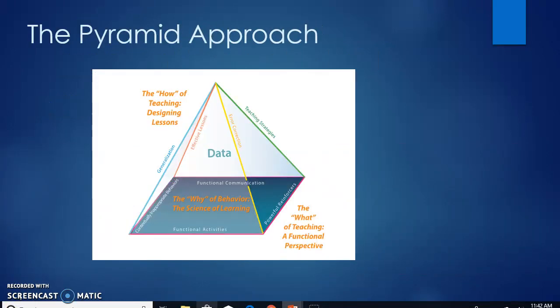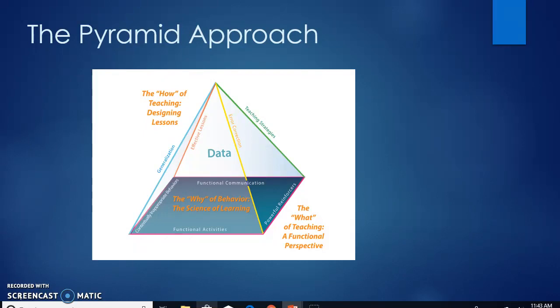He has also written multiple books about the Pyramid Approach. The Pyramid Approach teaches strategies to teach students with special needs in any learning environment. The Pyramid Approach has 2 components: structural and instructional.